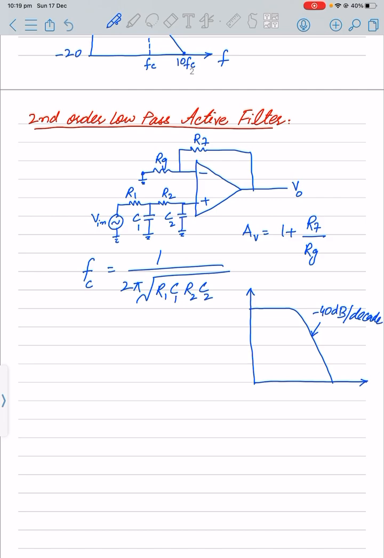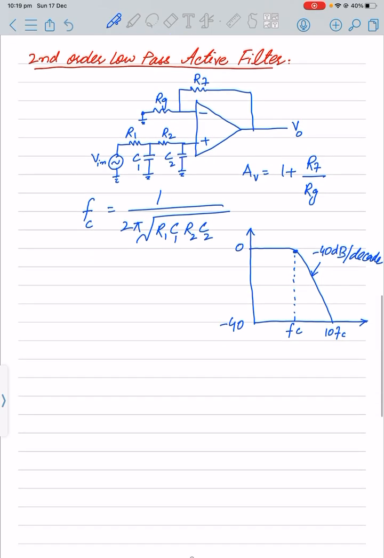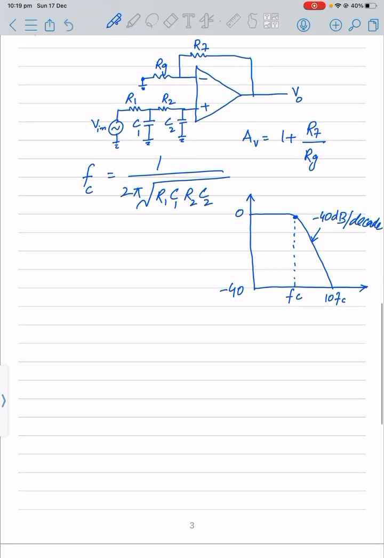So that is the 10 times of the FC, and let's suppose our corner frequency occurred over there. So now that was a 0, so this one we can say that is a negative 40 dB that has been achieved after the decade of the corner frequency. So that is the second order. So similarly we can go for the third order and the fourth order as well.